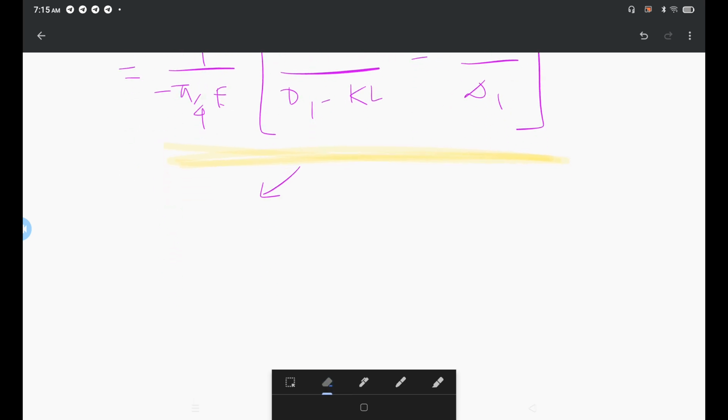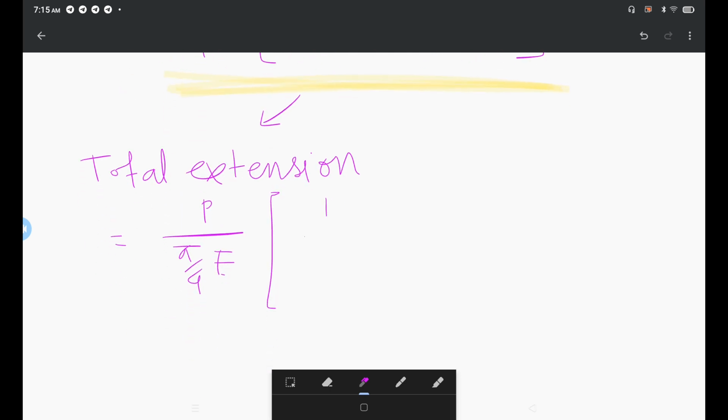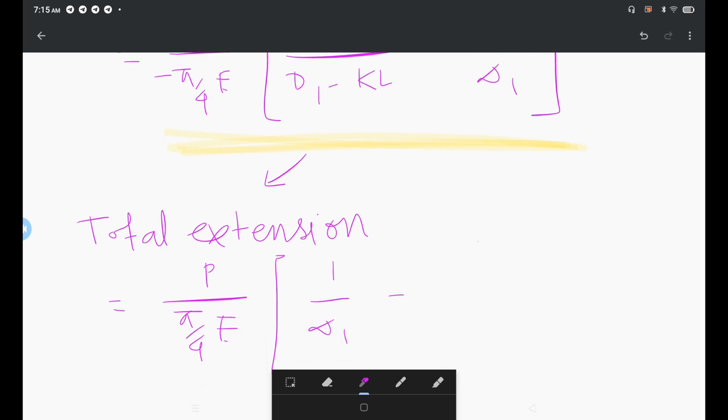The total extension will be P upon pi by 4 E whole, 1 upon (d1 minus kL) minus 1 upon d1.